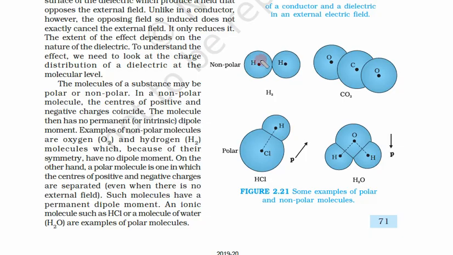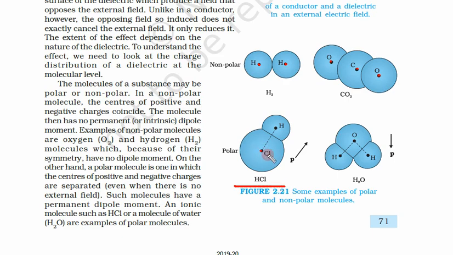Here again there is no separation. The whole positive and negative charge of this hydrogen atom and this hydrogen atom is in the same place. The same is true for CO2 and O2, where all the positive charge and negative charge lie at the center of this sphere. But what happens in the case of HCl?